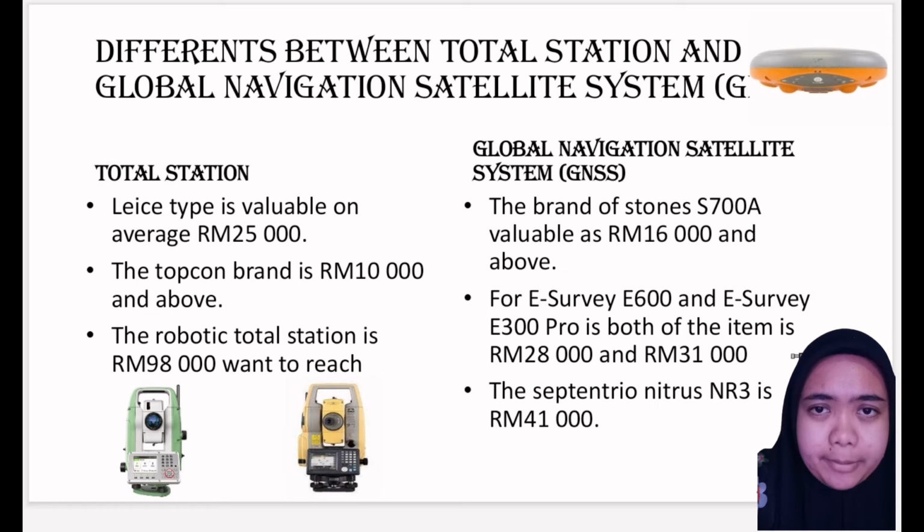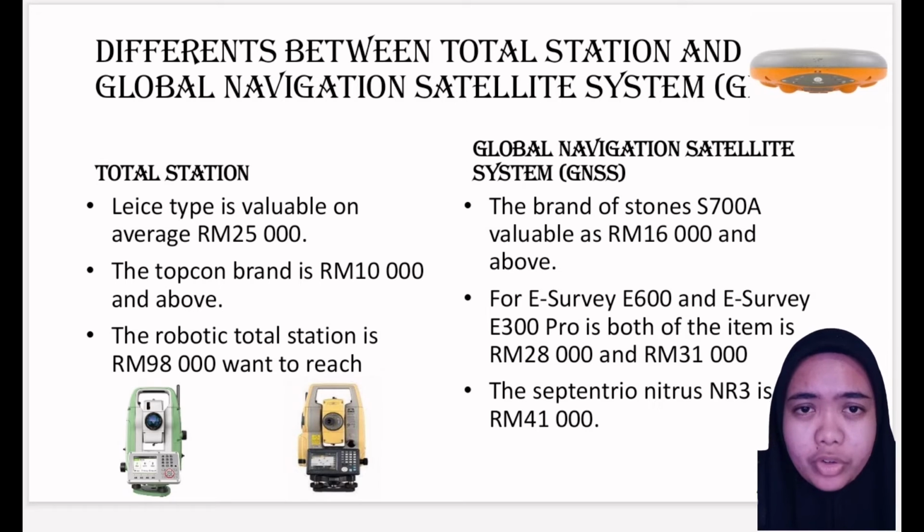Meanwhile, for the Global Navigation Satellite System, GNSS, the brand Stonex S700A is valued at 16,000 ringgit Malaysia and above. For eSurvey E600 and eSurvey E300 Pro, the items are 28,000 ringgit and 31,000 ringgit.